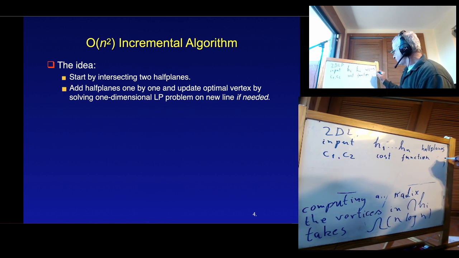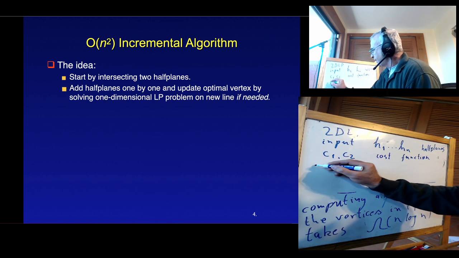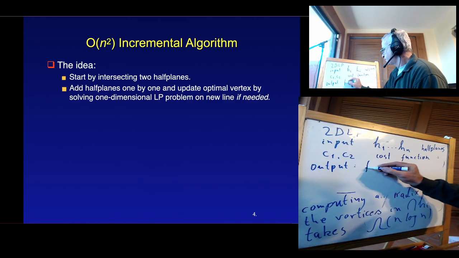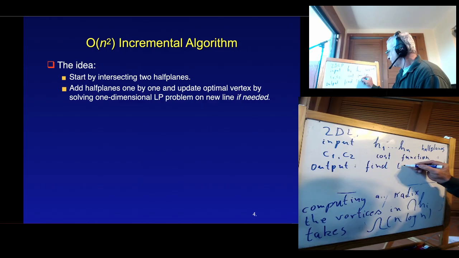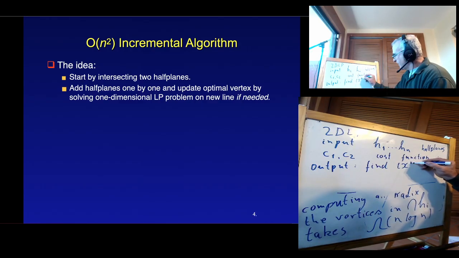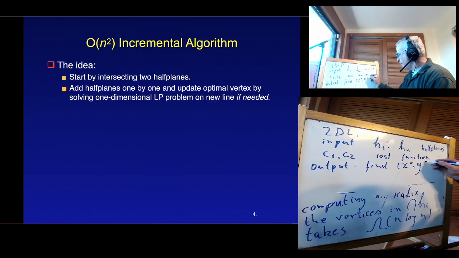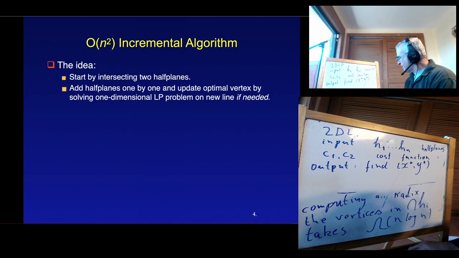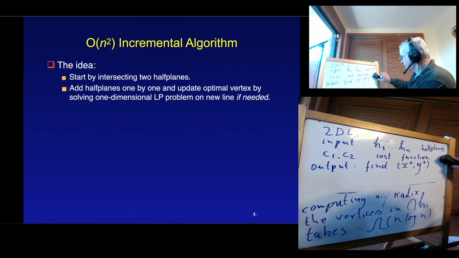The output: find a point, let's call it x star and y star. The star or asterisk here usually means that it's the optimum solution.